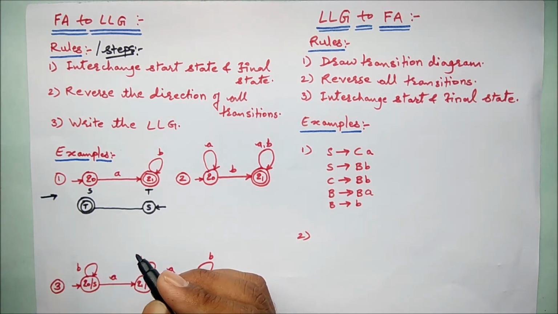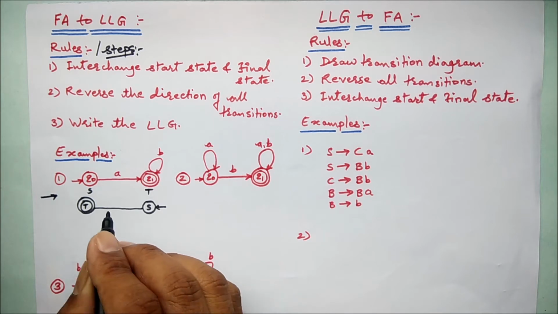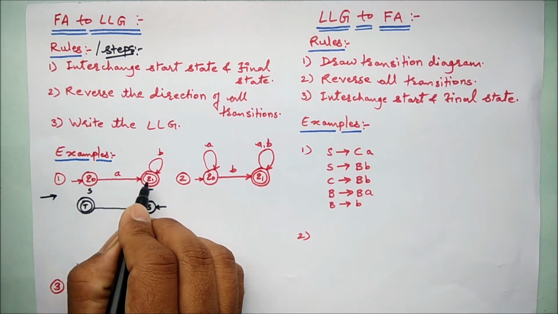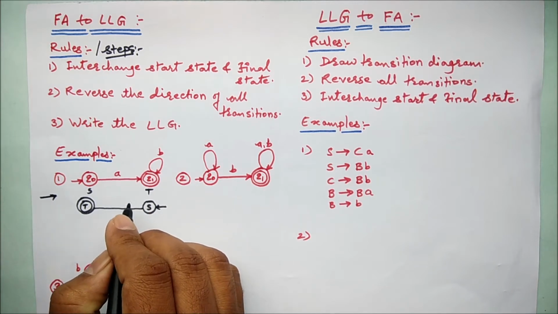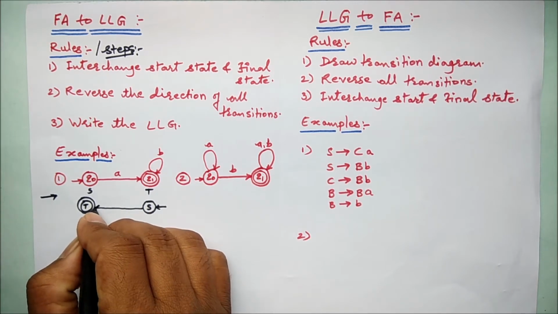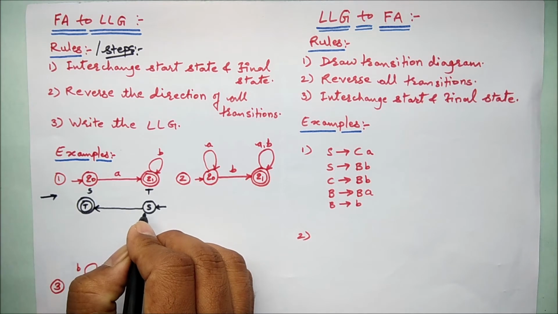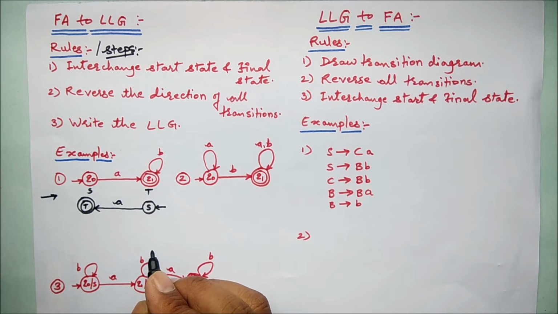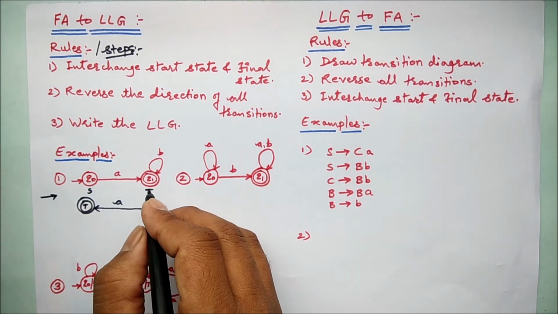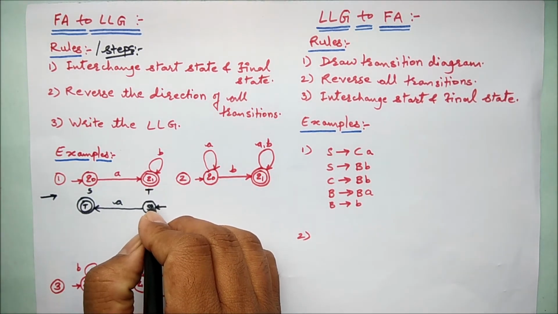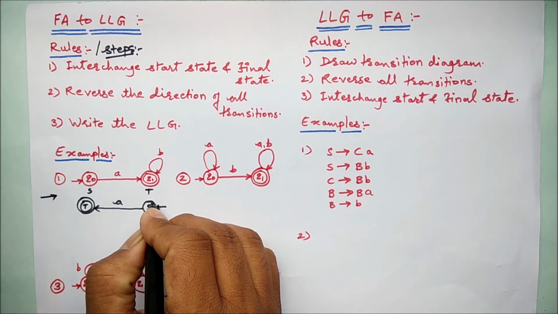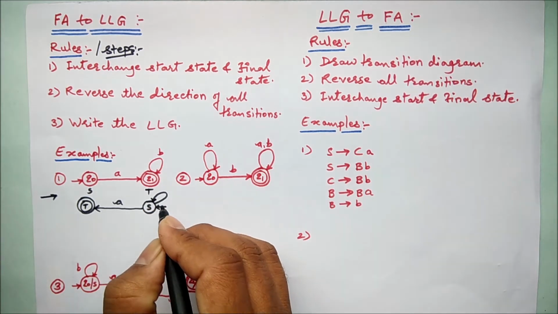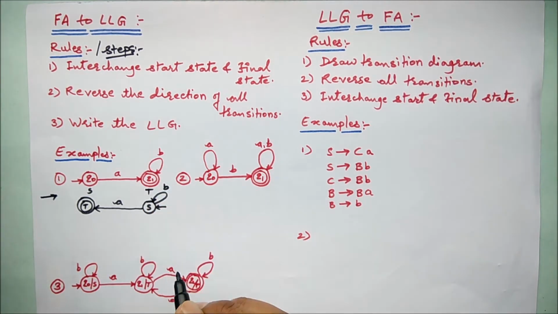In the second step we have to reverse the directions. As you can see in the previous diagram, Q0 is transiting to Q1. Now if we have to reverse the direction, we have to transit this S to T with the same input, A. And this B transition, as it is a self loop, even if we change the direction, it will remain over here only.